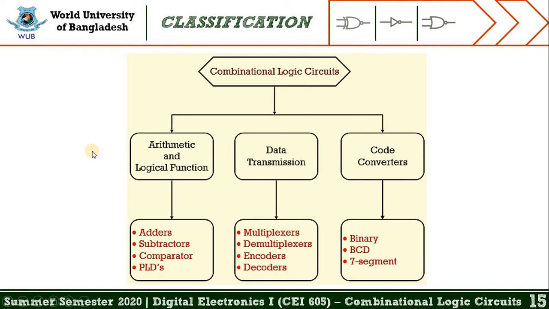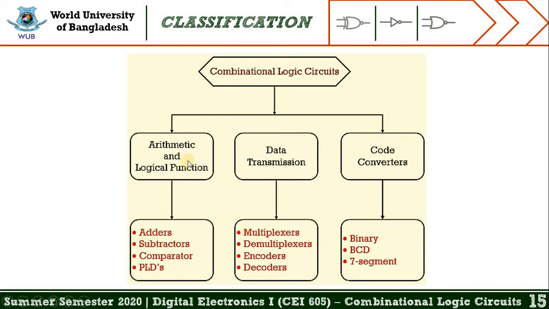From this slide, you may learn the classification of combinational logic circuits. Combinational logic circuits are classified into three main types: first, arithmetic and logic function, second, data transmission, and third, code converters.